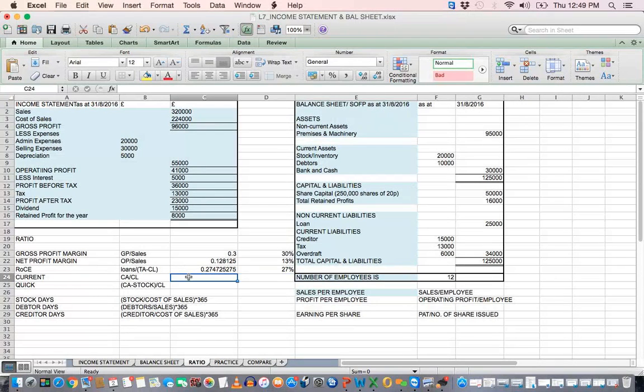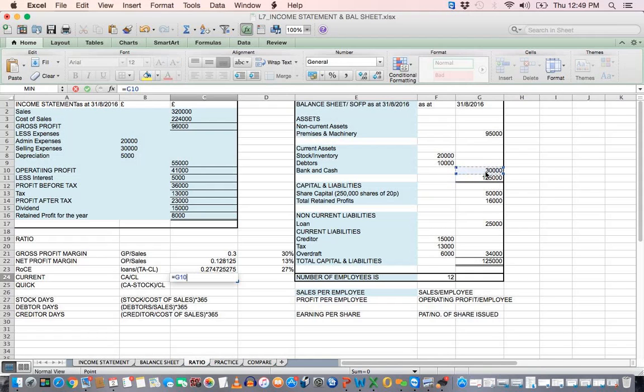Now, current assets divided by current liabilities is our current ratio. If you want to calculate in the Excel sheet, you put the figure in the cell, and then you can take the cell reference. So equal, where is our current asset?